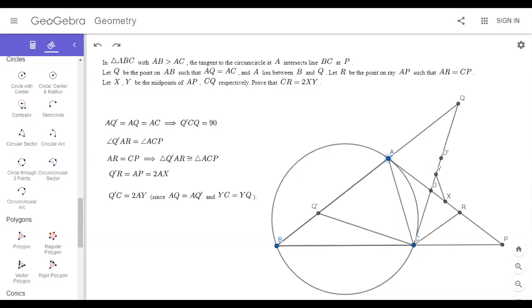Yes, RQ prime is parallel to BP. I showed it before. I think I might be getting pretty close to figuring this out.